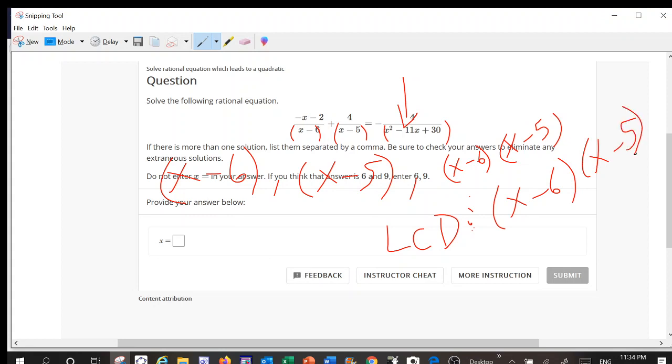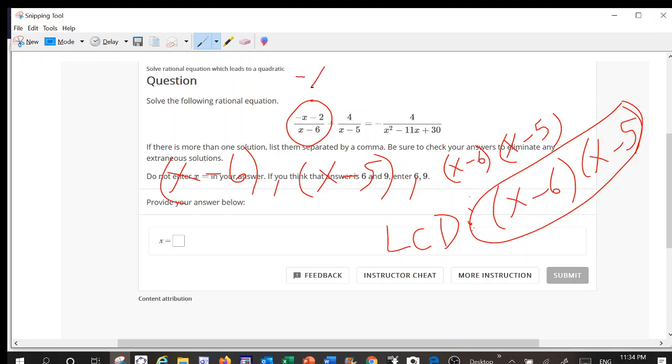And then if you multiply that by these right here, so if you multiply this one by that, then the denominator goes away. You're going to get negative x minus 2 times x minus 5. That's what that becomes if you multiply it by this right here.